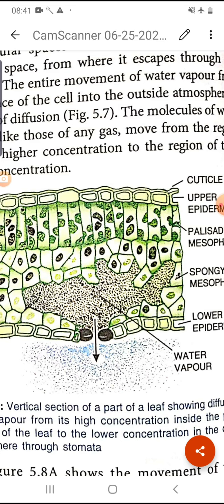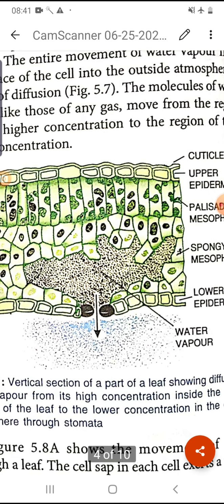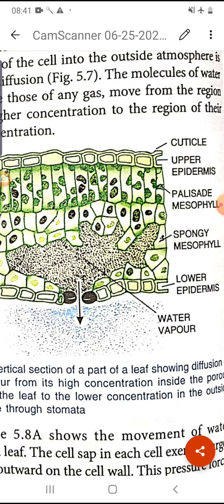When this water vapor combines, it moves out through the stomatal space, where the arrow is given, from where the water vapor goes out.